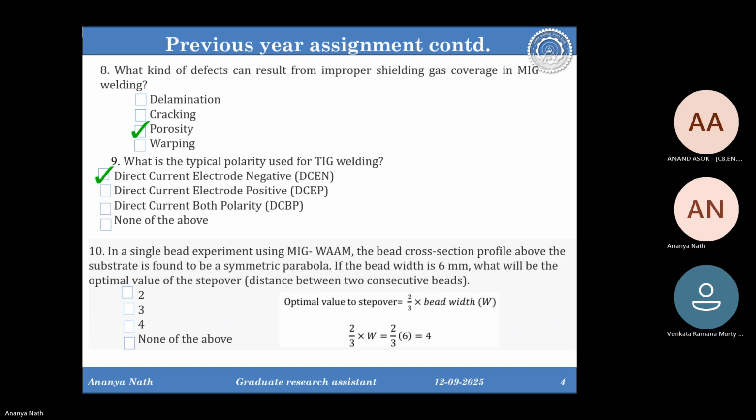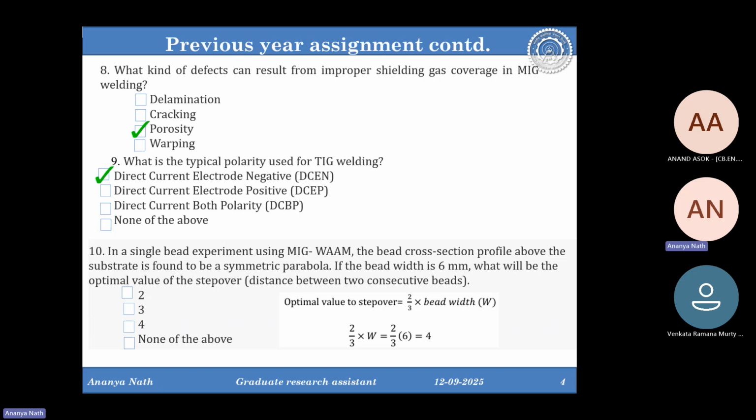I had given substrate, but it was wrong. It is not substrate. Myself also I wrote substrate. It is wrong. But another person has given tungsten, but I don't know how. Yeah, it is between MIG and plasma.